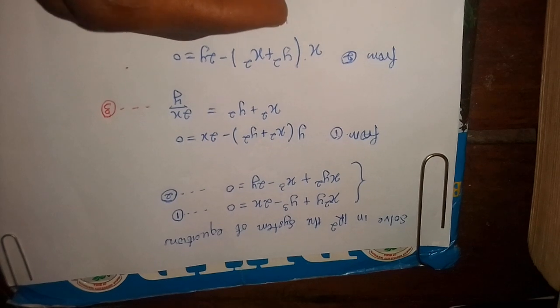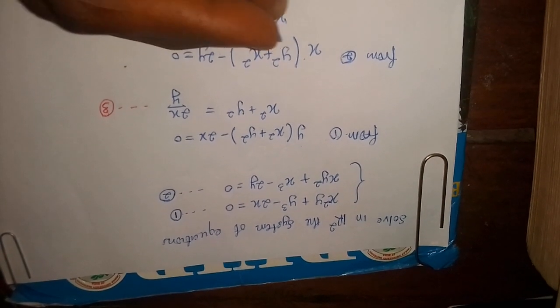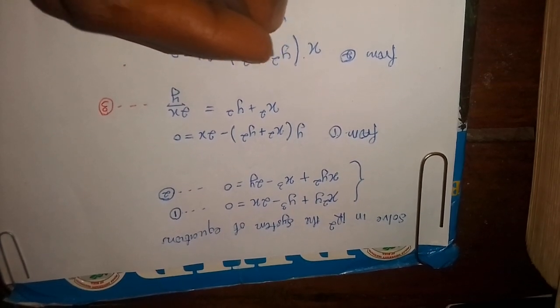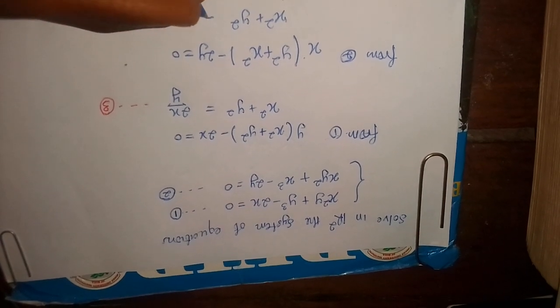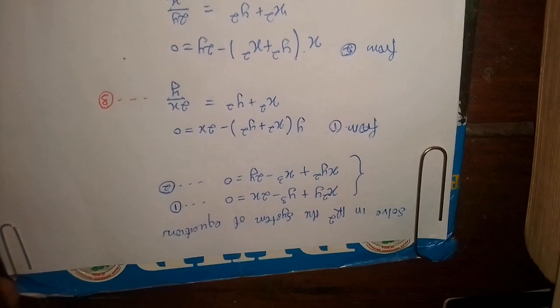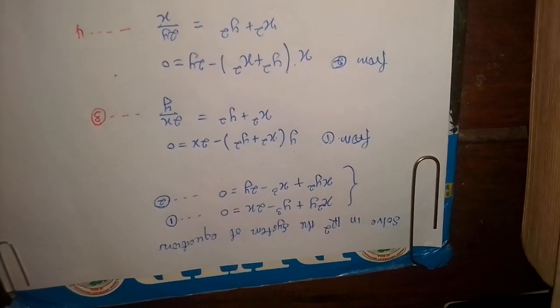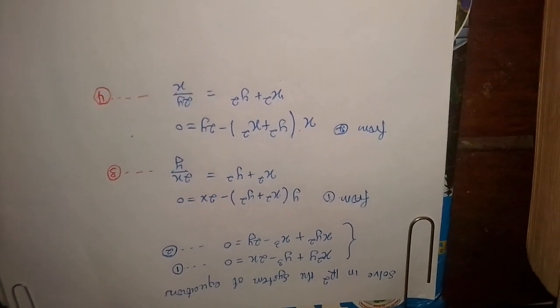Then let's make x squared plus y squared the subject, because y squared plus x squared is the same as x squared plus y squared. You have 2y over x. So let's call this equation number 4.